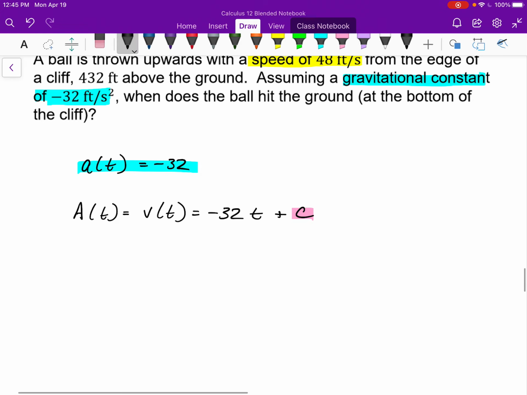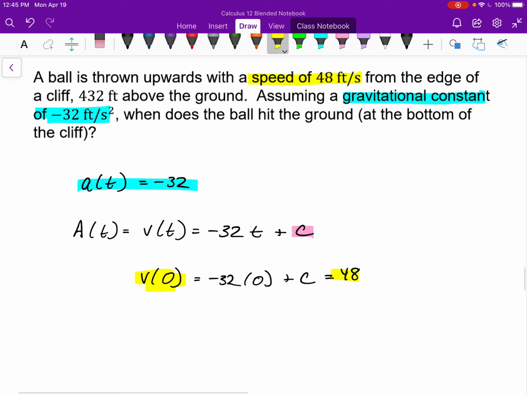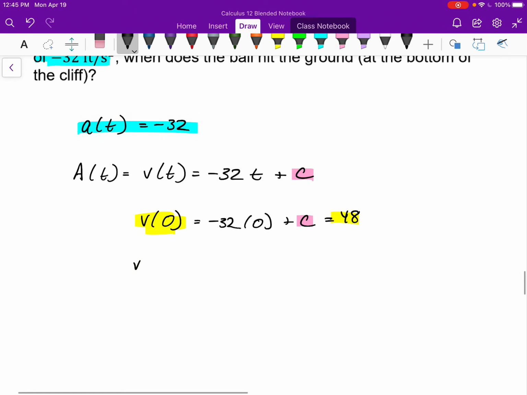So I now know that v at 0 equals negative 32 times 0 plus some number, but I know that's going to equal 48. Because they tell us you threw it upwards at an initial speed of 48 feet per second. Which means really quickly I can see that this constant number must be 48. Which means now I know my entire velocity function. It's negative 32t plus 48. There's my velocity function.